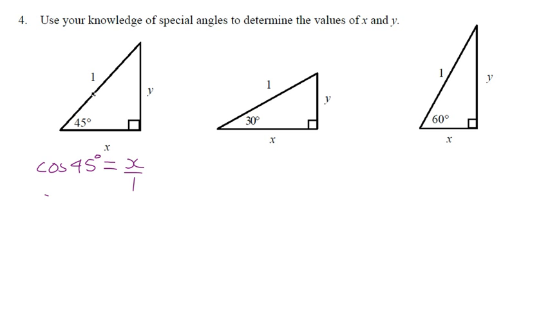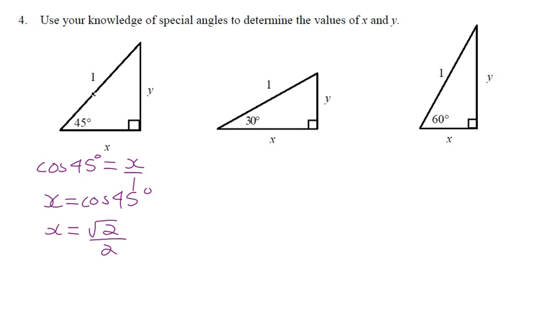So we can say that x is equal to the cos of 45 degrees, which is, how soon they forget, root 2 over 2, right?